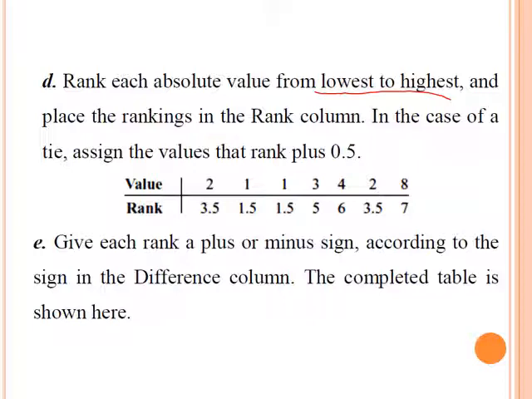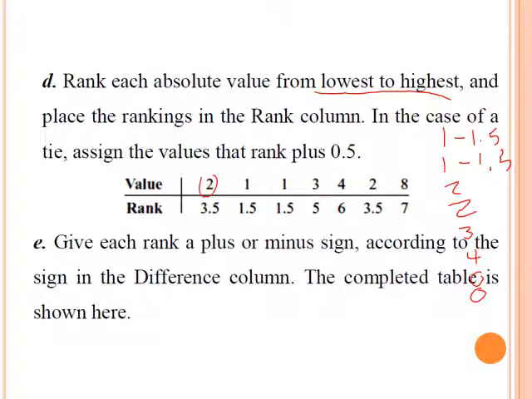If we rank, recall the ranking step, you will find we have 1, 1, 2, 2, 3, 4, and 8. So the numbers 1 and 1 take the ranks 1.5 and 1.5.